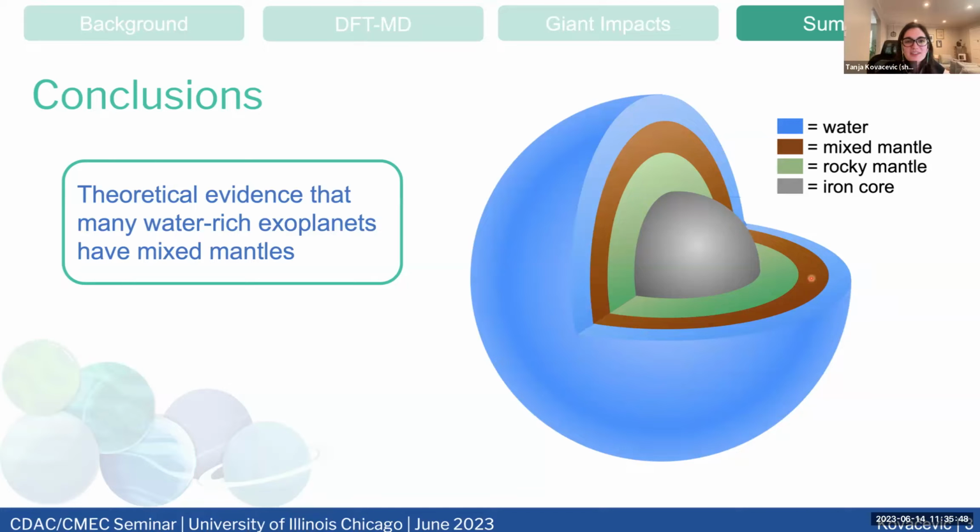Of course, it'd be a little more fuzzy, but just to give a visual takeaway: there might be mixed mantles within water worlds that we have probably already discovered. And this mixing and demixing with evolution has implications on how a planet evolves, and like I mentioned, maybe secondary atmospheres. We have a lot to learn. This field is still very bumbling.